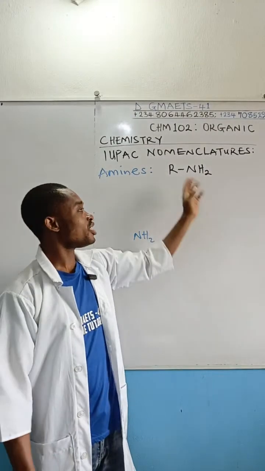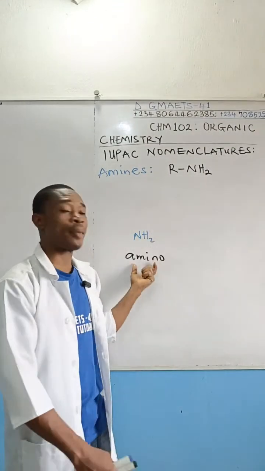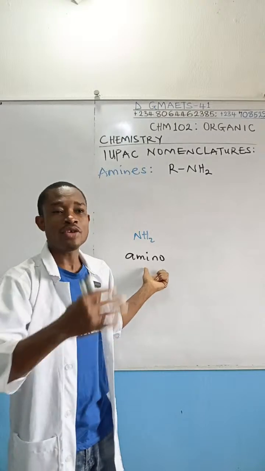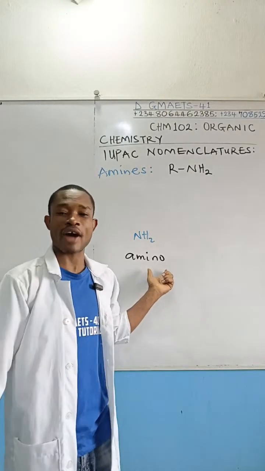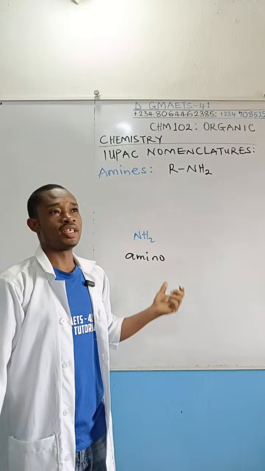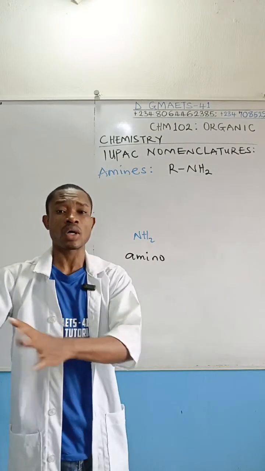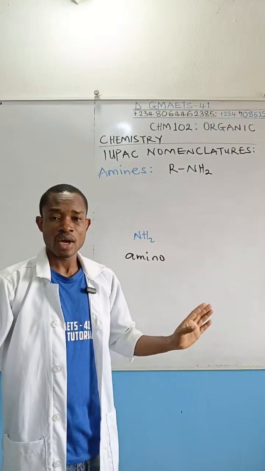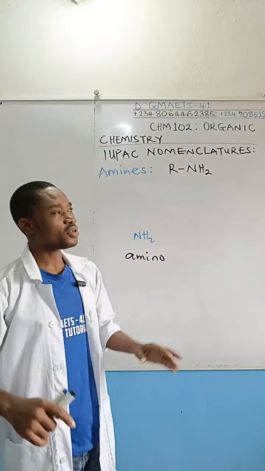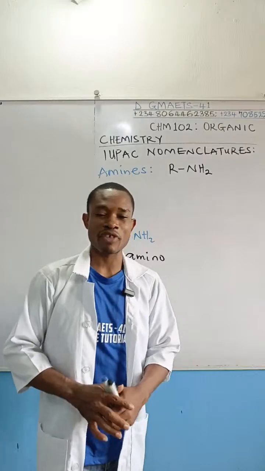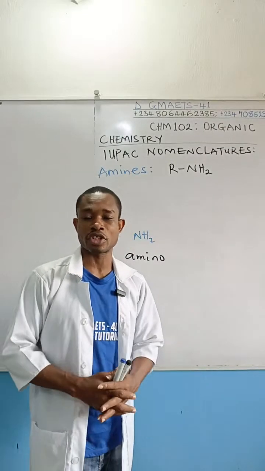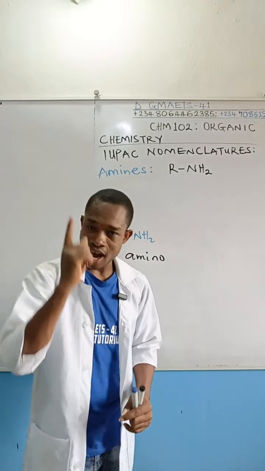And when we have this NH2 as an attachment, it becomes amino alkane. Amino whatever. If you have it in an alkanol, it can be amino alkanol. Am I communicating? So you take note that the functional group of amine is not a terminal functional group.